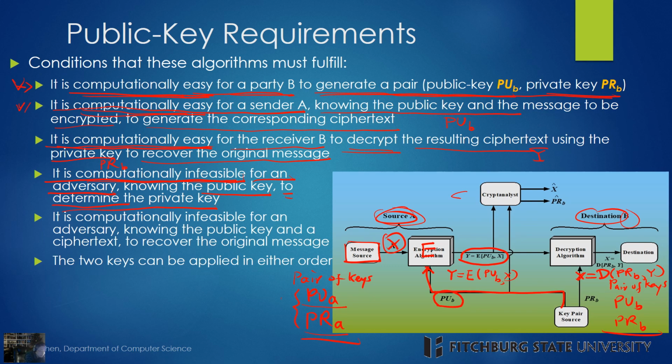Even though we create the public key and private key pairs and they are related, since the public key is always open to everyone, it should be extremely difficult, computationally infeasible, for anyone to determine the private key knowing only the public key.